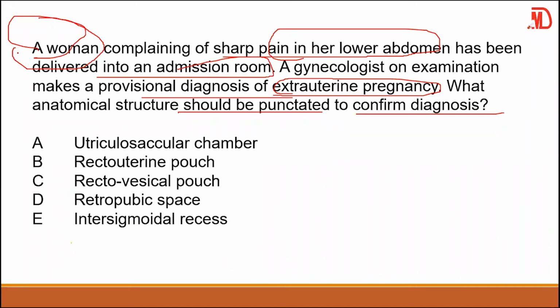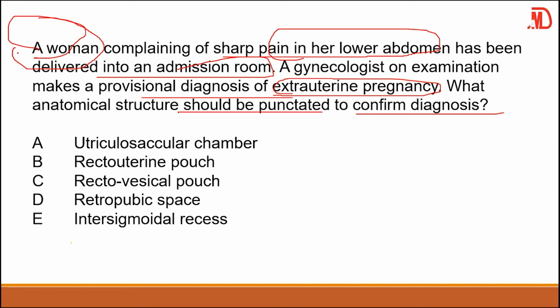Ectopic pregnancy is around that area. So if you want to check for confirmation, you have to check that area as well, and that can help you.